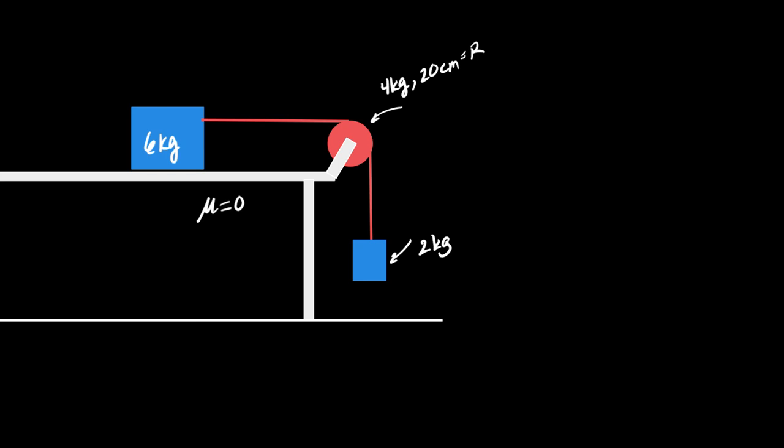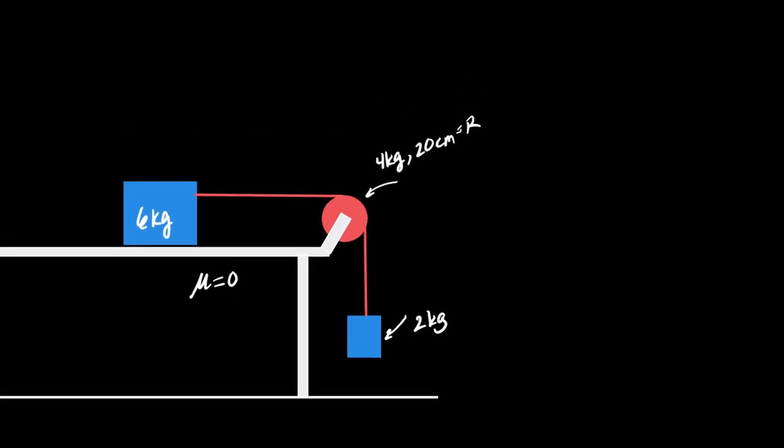All right. I'd like to find the acceleration of this system. Based on what I think you can do, I think you could draw the free body diagram for each of the objects here. And I would expect you could write out the net force equation for the block on the table and the block that is hanging.